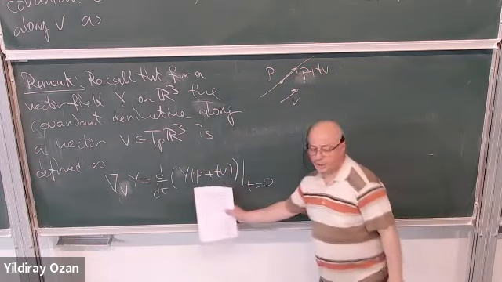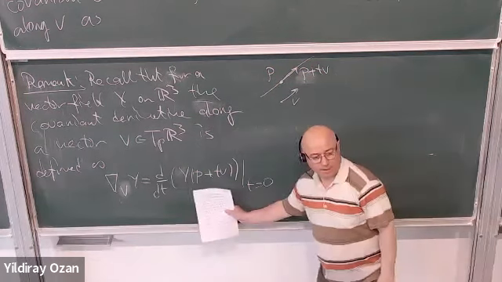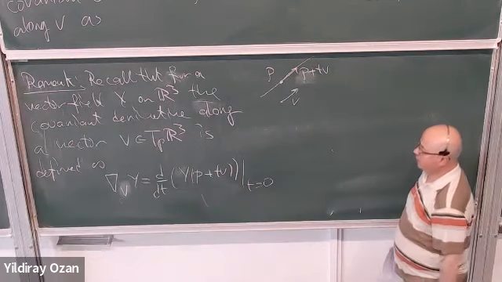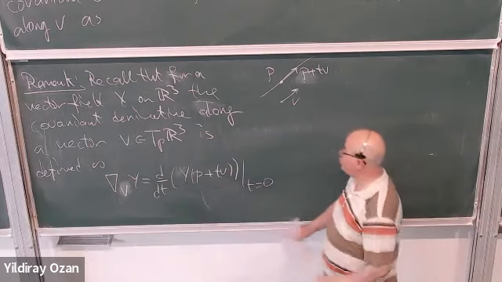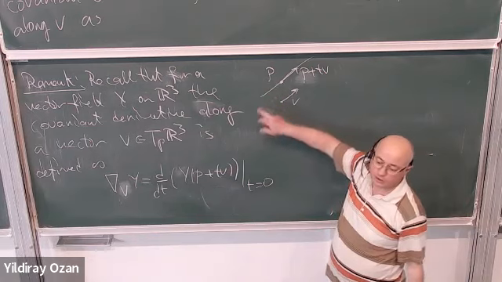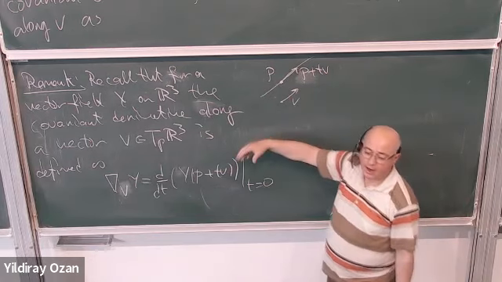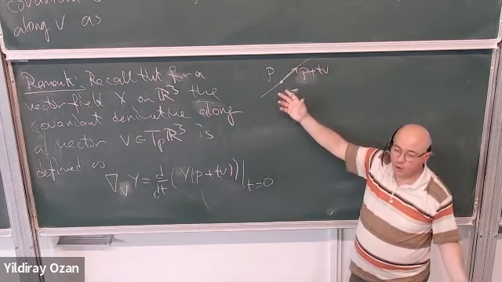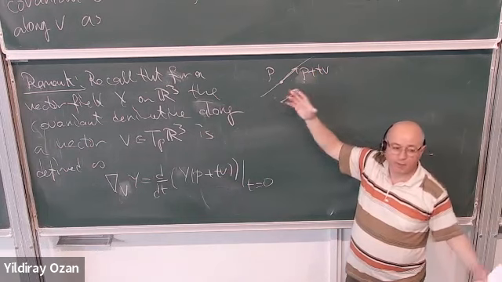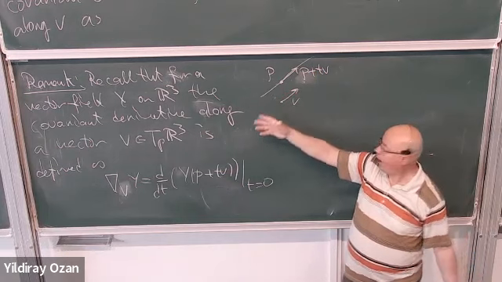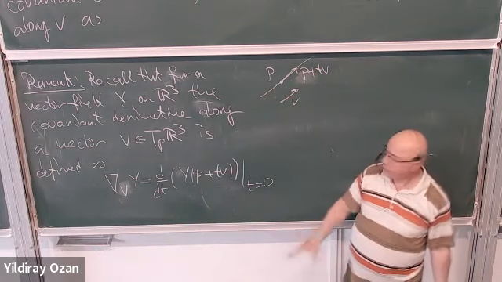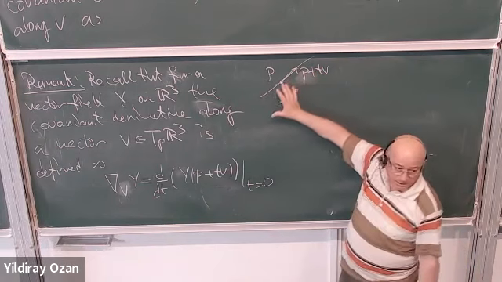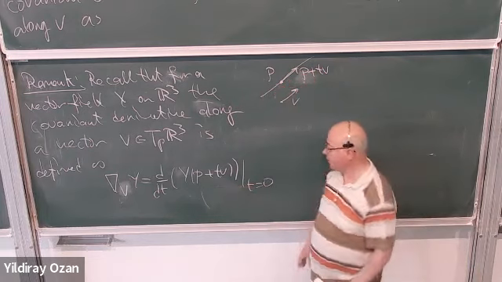And I put that inside. But actually, I can put any other curve here. This is a curve, but a special curve. It is just a line. And I don't have to take any other curve. Why is that? Because I am in R3, and this line lies in R3. So I can just use this to define the covariant derivative.